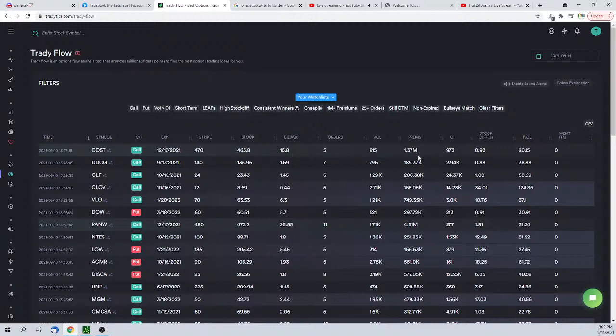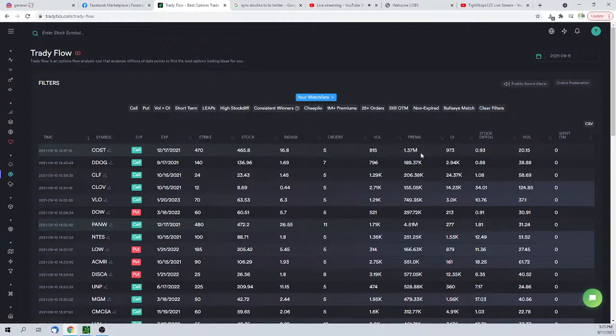The premium is 1.37 million, and the stock difference percent between your strike and the stock price is just under 1%. So that's not a crazy strong signal on Costco.